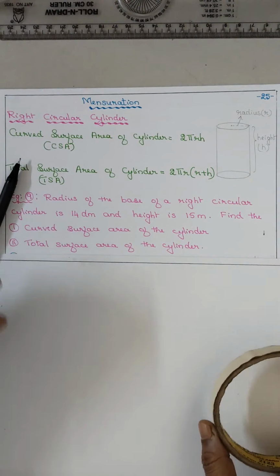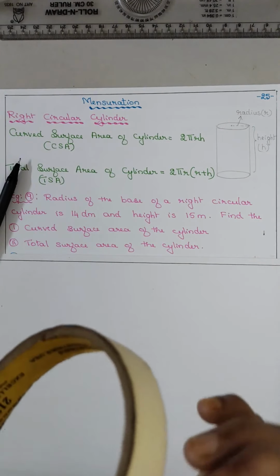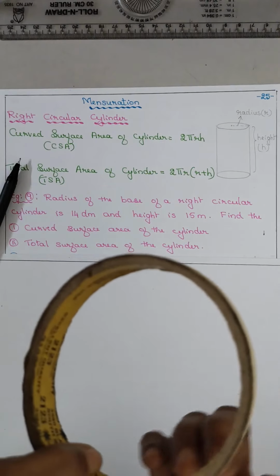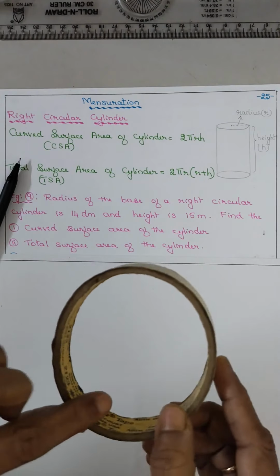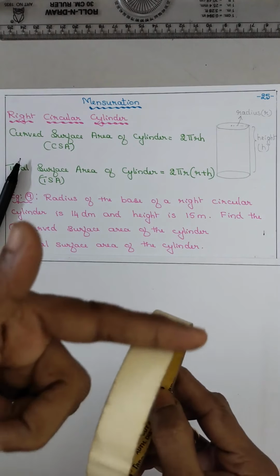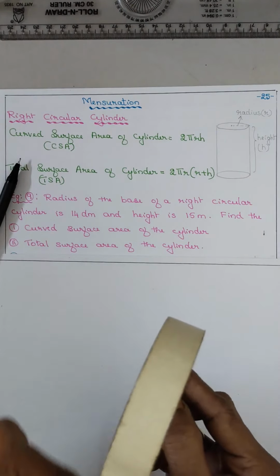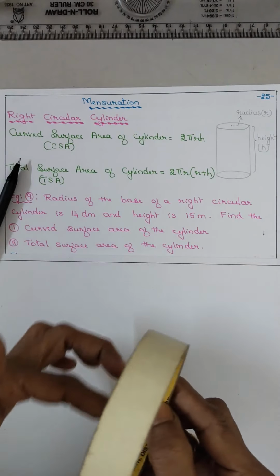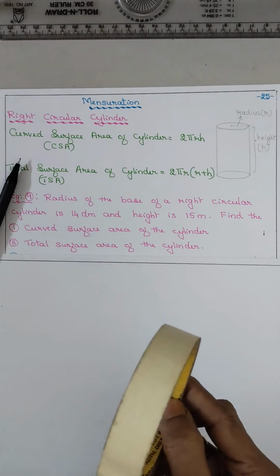So curved surface area. What is the curved surface area? Only the side. In the cube and cuboid, you have learnt about the lateral surface area. So the curved surface area is only the area of the side.